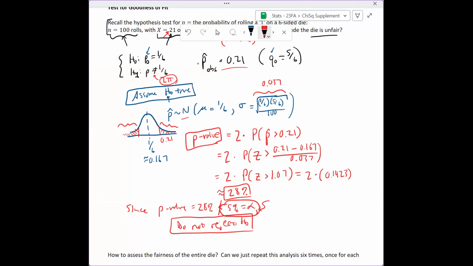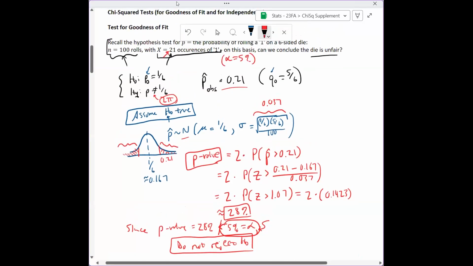But if I make such a call 5% of the time on the basis of the 1s, but also 5% of the time on the basis of the 2s, and also 5% of the time on the basis of the 3s and the 4s, 5s, and 6s, we can see that we're not going to have such a great type 1 error as we initially thought.